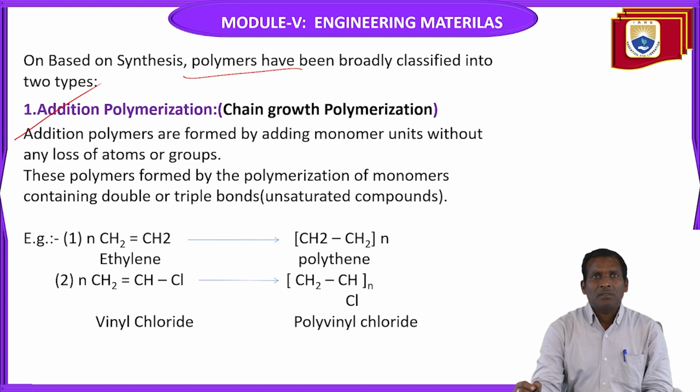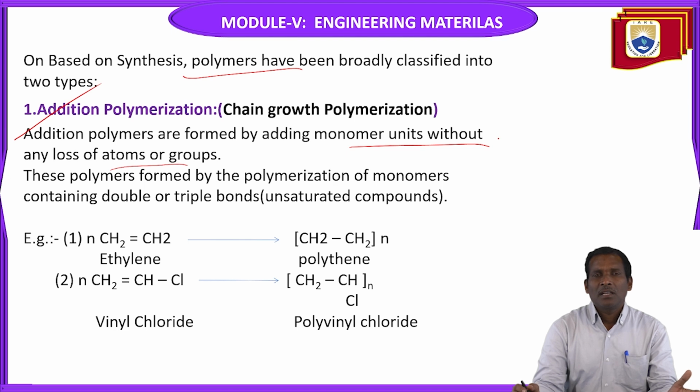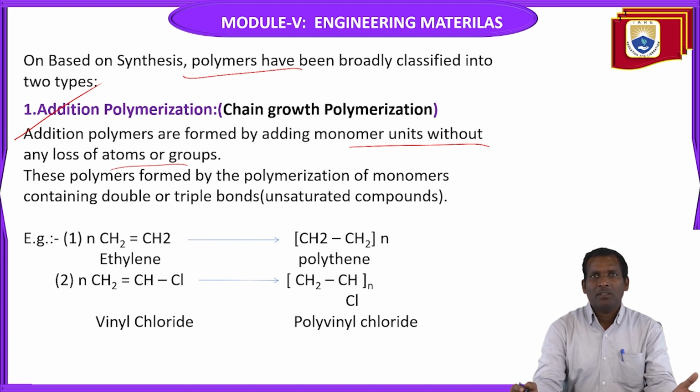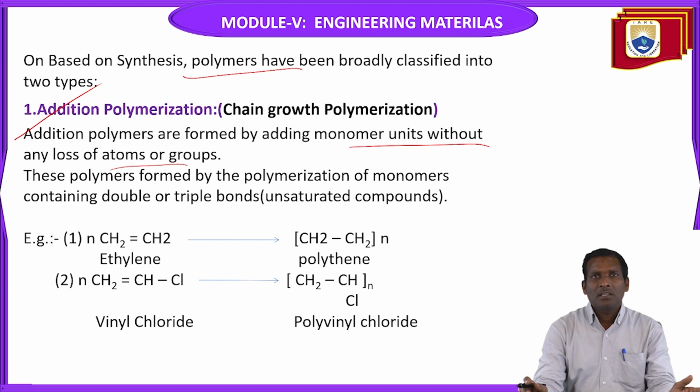In this, addition polymers are formed by adding monomer units to another monomer unit without any loss of atoms or groups. There is no loss. These polymers are formed by the polymerization of monomers containing double or triple bonds, so these are called unsaturated compounds.